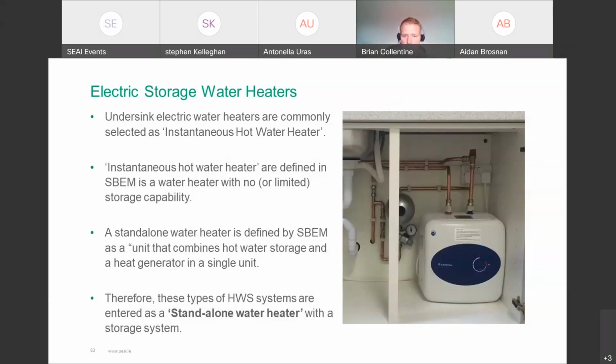If you look at the label on that, it will have a storage capacity on it of 10 liters or 15 liters generally, and sometimes 25 liters. But these should be entered as standalone water heater with a storage system ticked and the appropriate information entered into it, such as the 15 liters or 25 liters, whatever is associated with that.